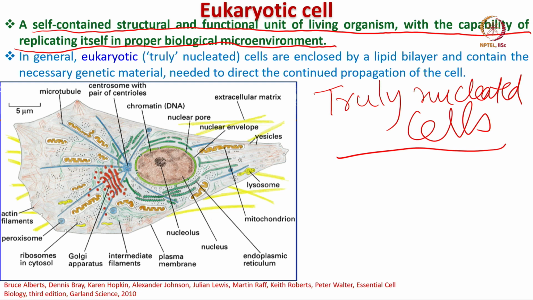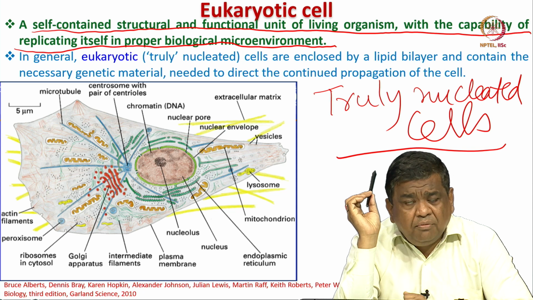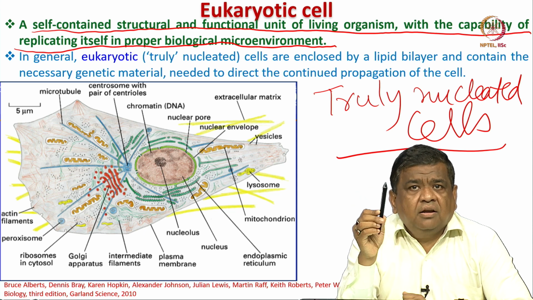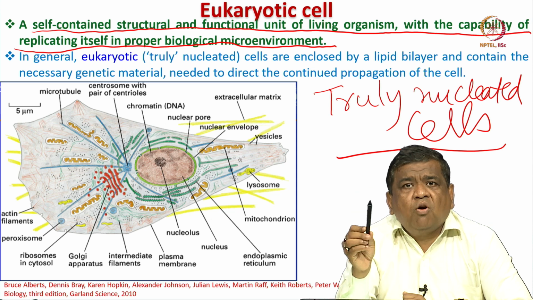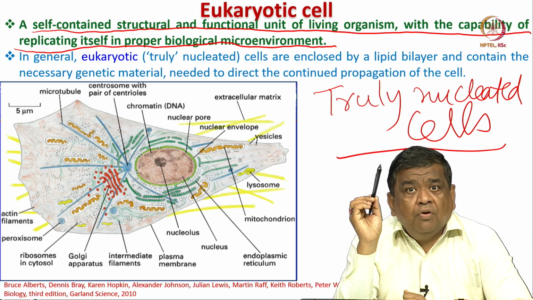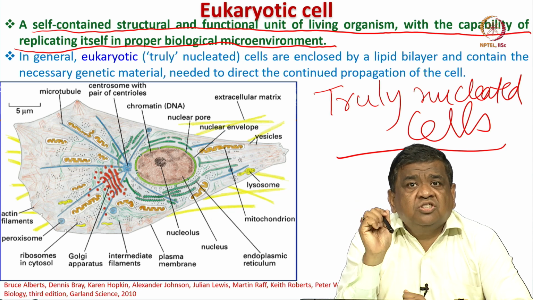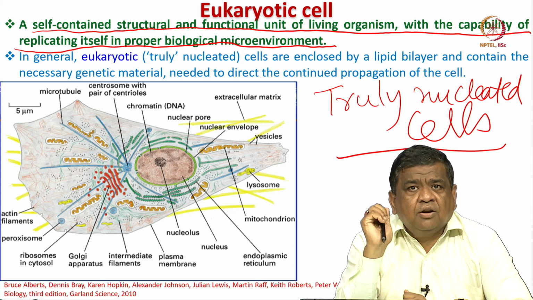Replicating itself means the fundamental property of cells, if they are alive, is that cells must divide. That means cells must proliferate when an appropriate cellular microenvironment exists around the cell under question.